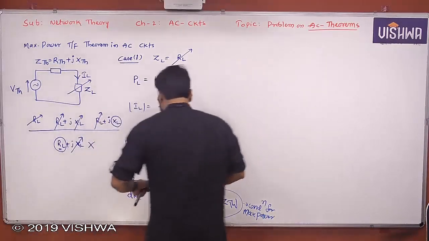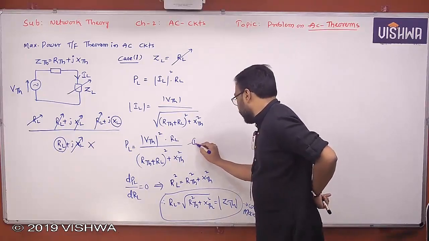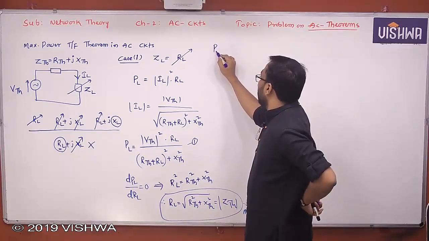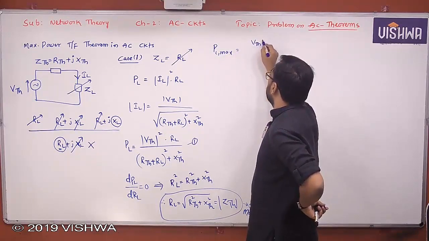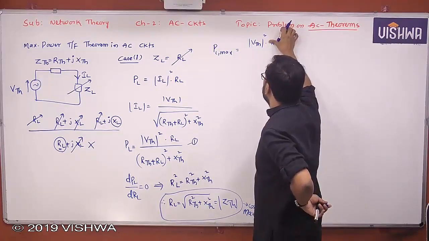Then if you substitute this condition in this particular equation, equation 1, let us say, then PL max will be VTH square into RL. What is RL actually now here?